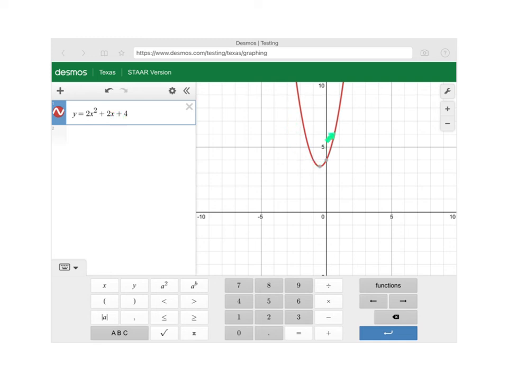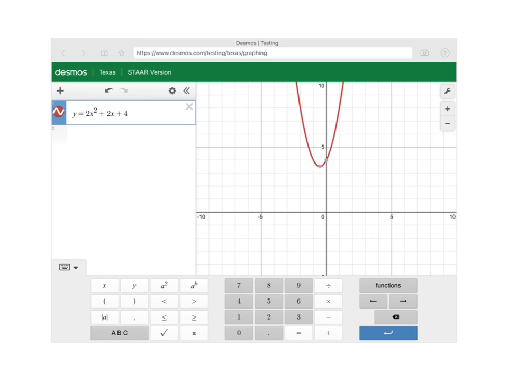But how do we identify the range? Remember, the range is the set of all y values. Well, nothing down here is included, but everything from this point up is included. So this point is still at 4.5, but now it has to be everything that's greater than 4.5.